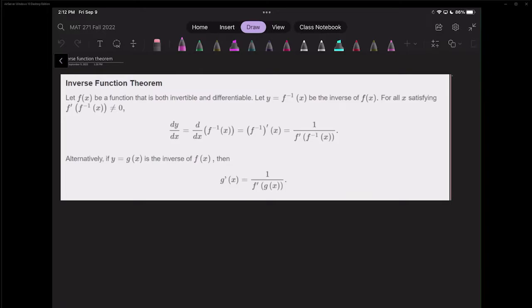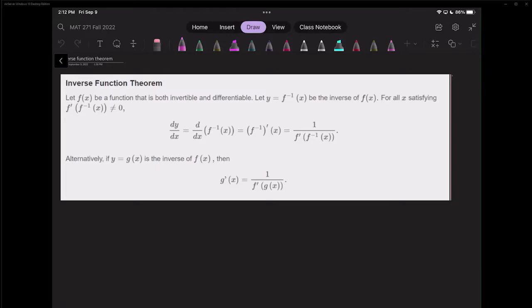And so here we have this inverse function theorem. Let f of x be a function that is both invertible and differentiable. Let y equals f inverse of x be the inverse of f of x.